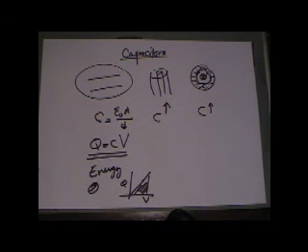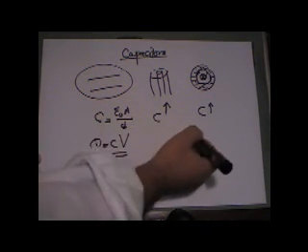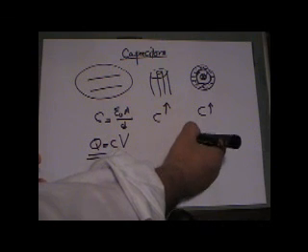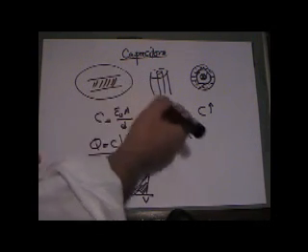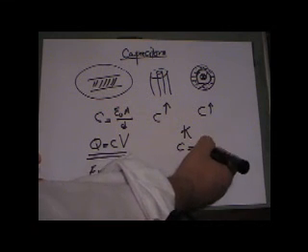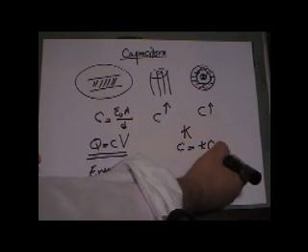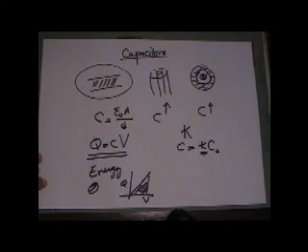Okay, so you have to make sure to understand what happens when you insert a dielectric. If you insert a dielectric here, then C is increased by the constant kappa.